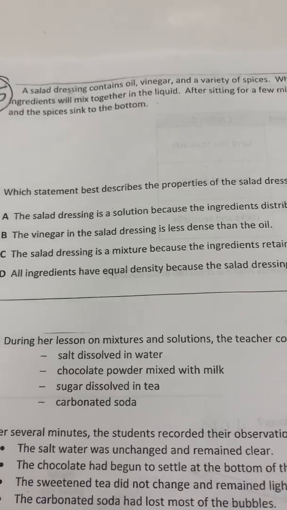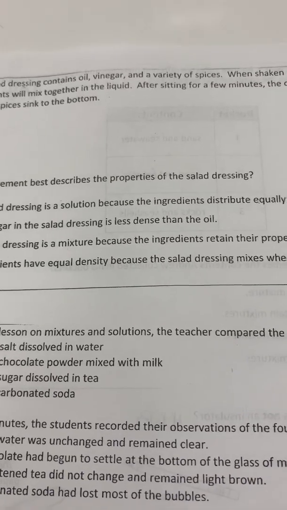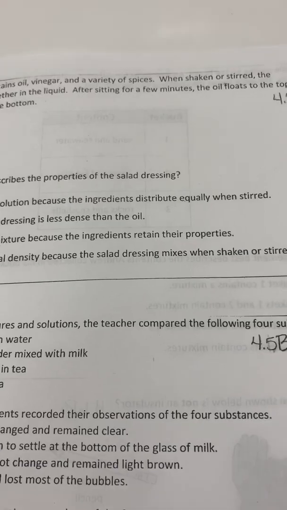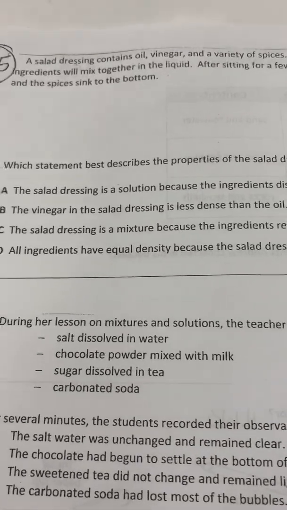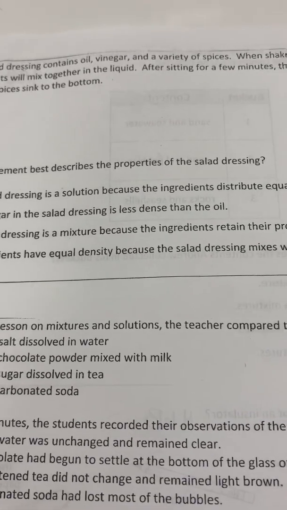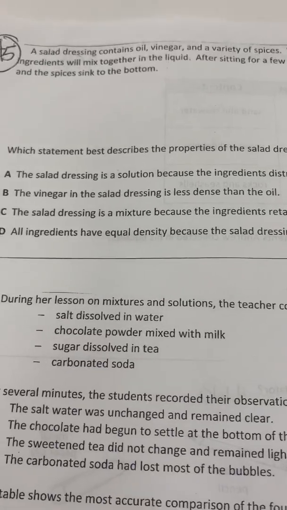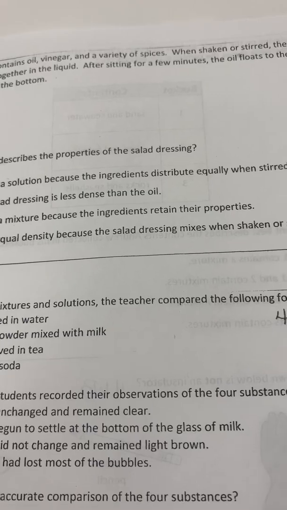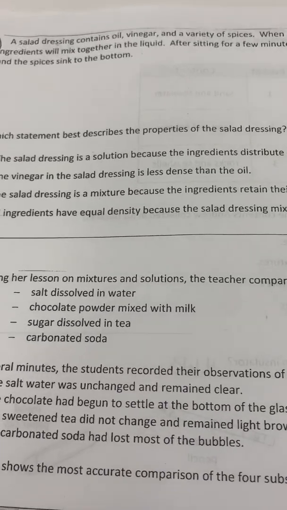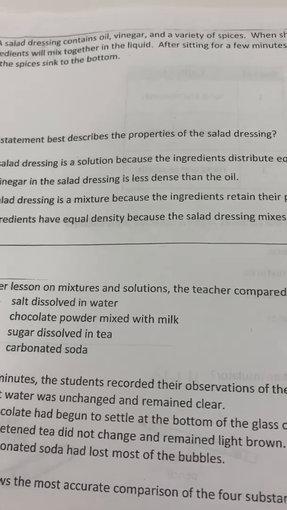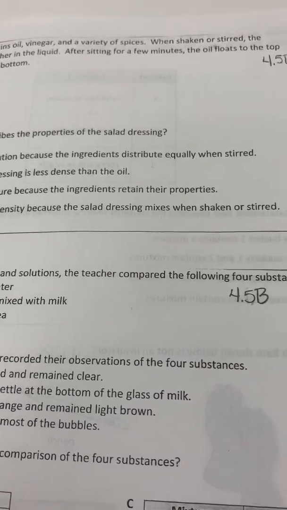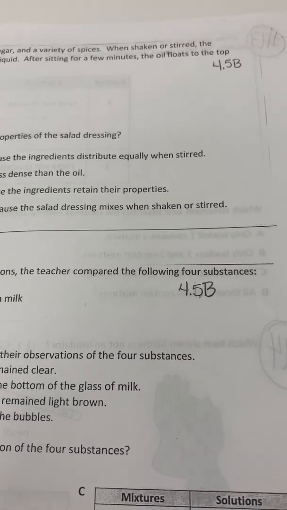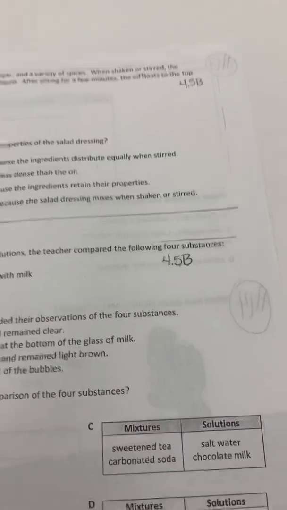The salad dressing is a solution because the ingredients distribute equally when stirred. The vinegar in the salad dressing is less dense than the oil. The salad dressing is a mixture because the ingredients retain their properties. All ingredients have equal density because the salad dressing mixes when shaken or stirred.